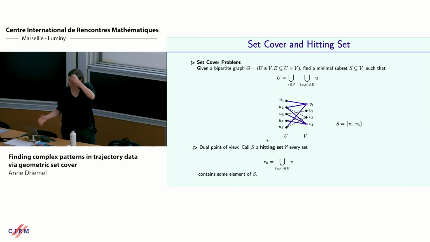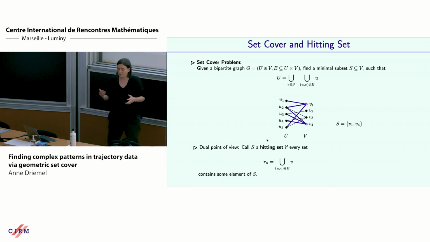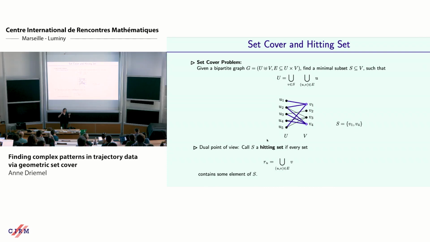There's another problem that is actually dual to this. It's called the hitting set problem. There you also have a bipartite graph, or we also say a set system, and here you want to find a minimum set of points of the ground set so that all of the sets are hit by this set. This is the same problem if you just dualize.